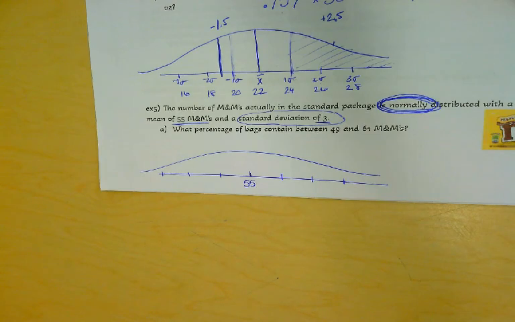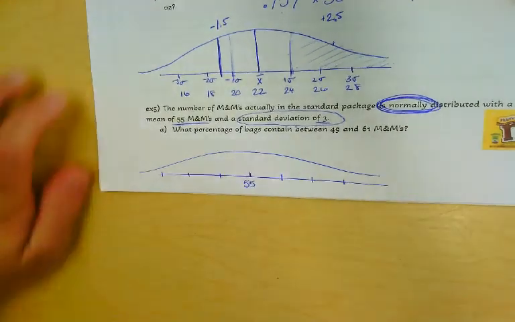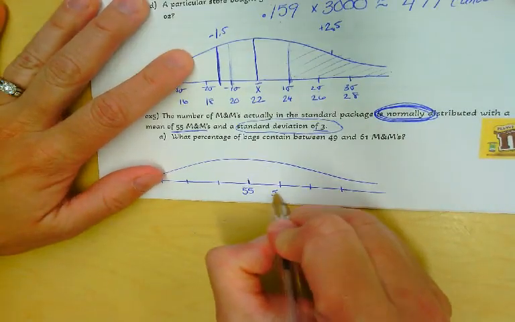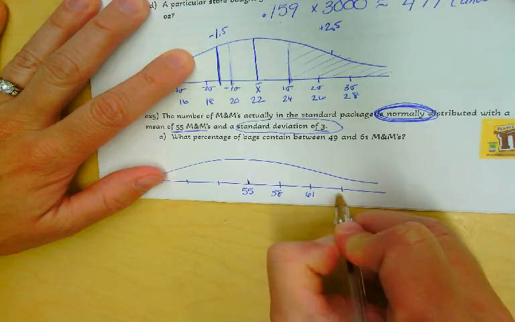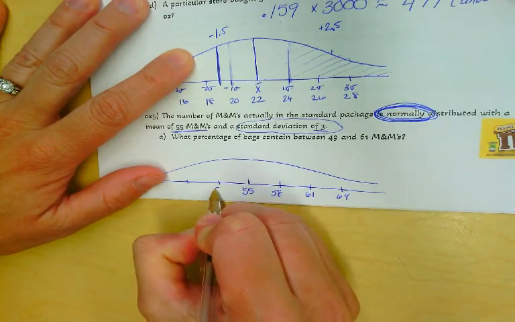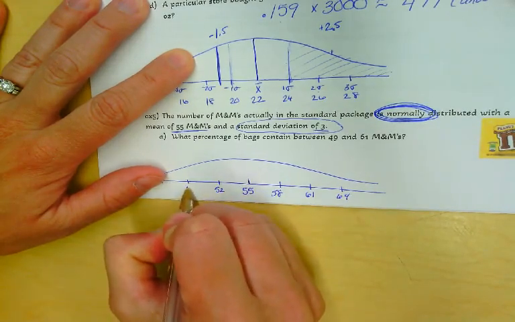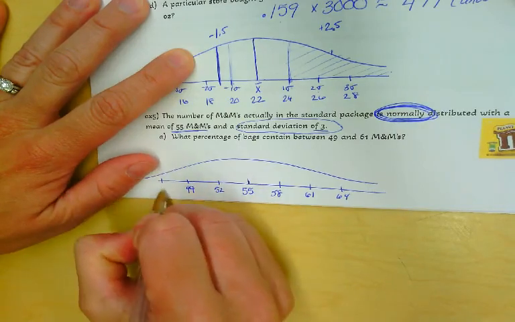Write out your 3 standard deviations from the mean. So what's that get me at 52, times 6?